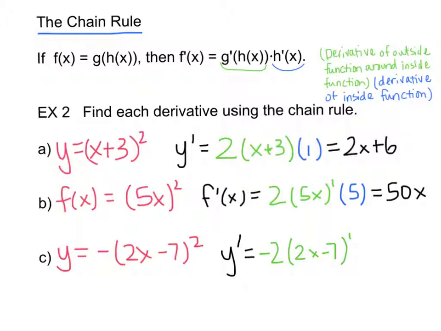Okay, and then take the derivative of the inside function, 2x minus 7, which is just 2. And when I multiply that out, negative 2 times 2 is negative 4, and multiplying through by negative 4 gives me negative 8x and positive 28, just like we got before.